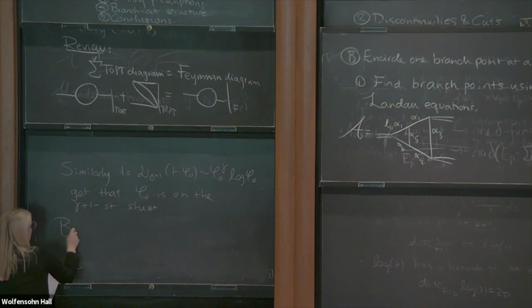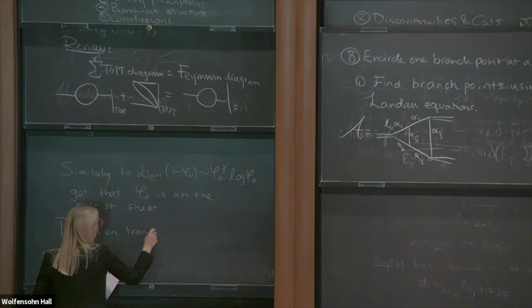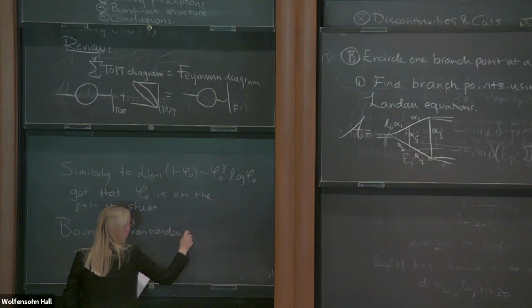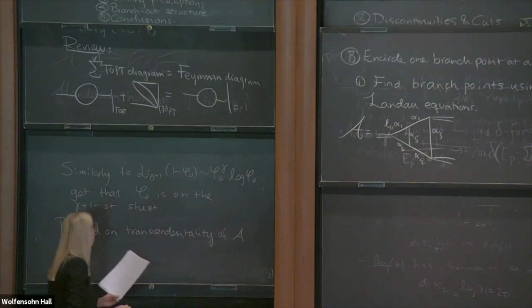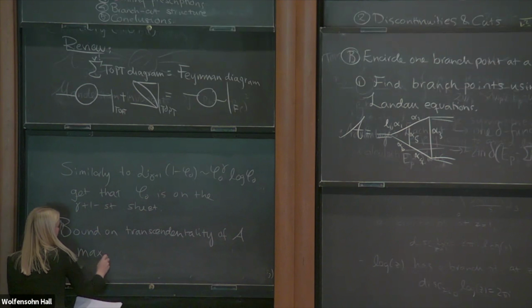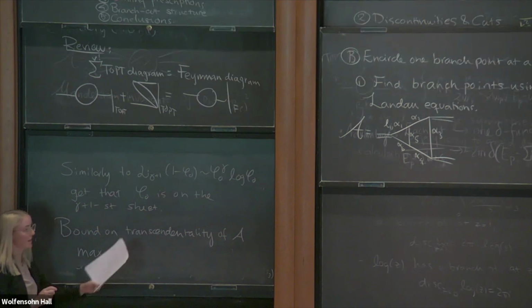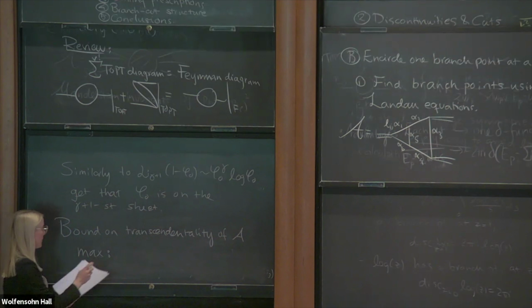And this actually gives us a bound on the transcendentality of polylogarithmic finite integrals, because the maximum is obtained when n in that gamma formula on the far right board is equal to 1.